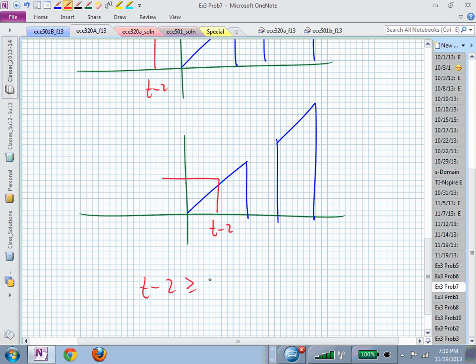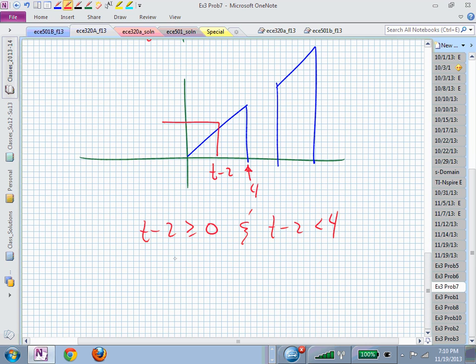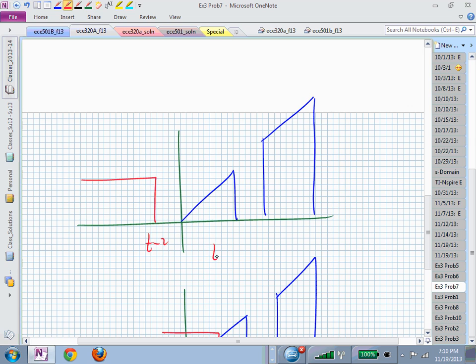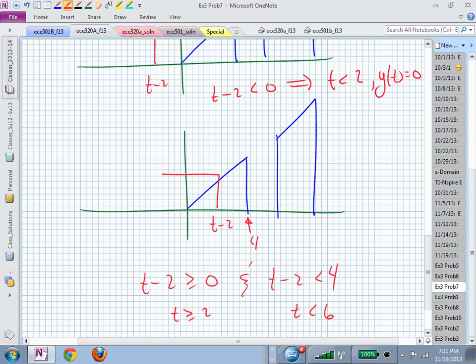When t minus 2 gets bigger than 0, and when t minus 2 is less than whatever this was. Was that 4? So now I get this overlap pattern for t greater than 2 and t less than 6. But this one up here was true as long as t minus 2 remained less than 0, or when t was less than 2. And this gave me an answer of no overlap or 0.